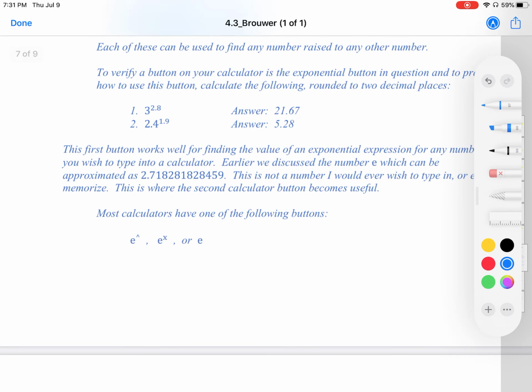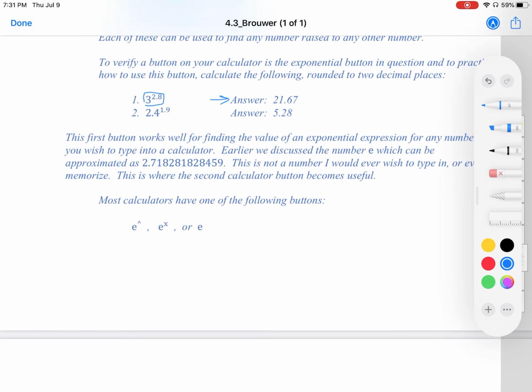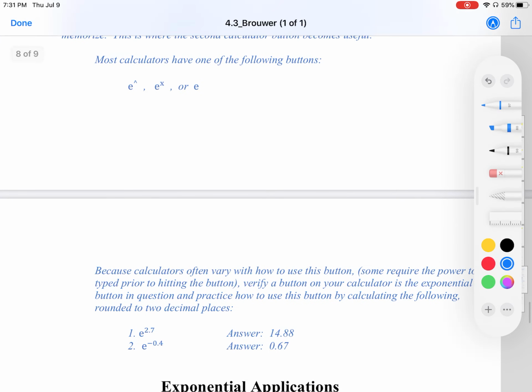So just to make sure you're on the right track, try punching these values into your calculator, and you should get that answer in return. If not, figure out which way to punch it in. For some calculators, you have to work on the order that you punch things in. Same thing for e. You don't want to type in 2.7 and so on every time. Your calculator has a button for e. Look at your calculator and see what button it is.